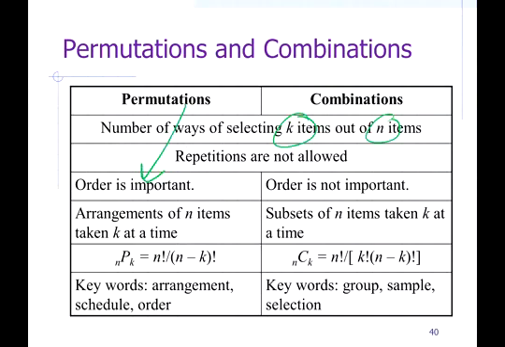Permutations, order is important. Combinations, order is not important. Keywords, arrangements, that's telling you order is important. Subsets, groups, samples, selections. These words are key to saying that order is not important.